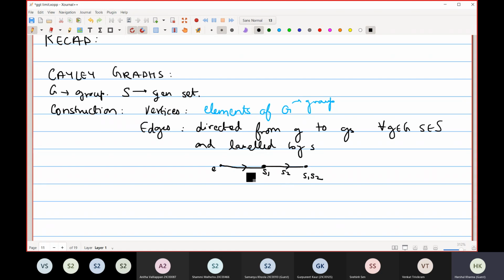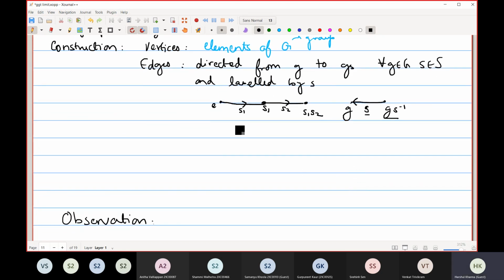This is labeled by s2, this is labeled by s1, and suppose this is g. Suppose you have g s inverse, then you get an edge in this direction by the label s. So g s inverse times s is equal to g, right? So this is the construction.